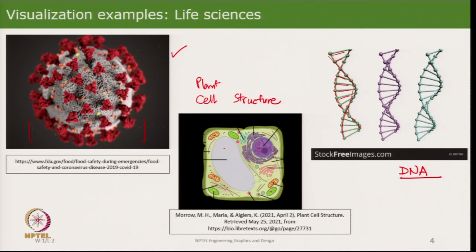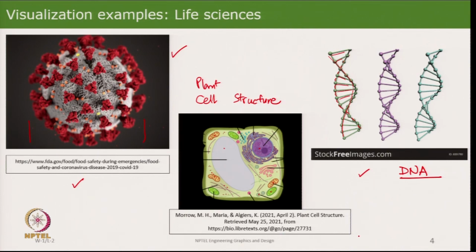So, this is a slice through the cell. The cell is actually 3-dimensional, and all these are actually 3-dimensional. Even the novel coronavirus is 3-dimensional, the DNA structure is a highly 3-dimensional shape, so is the cell. And what we have done is try to represent it on a 2-dimensional paper or a screen, you may call it, and in this case we have taken a slice through it to show what is what.